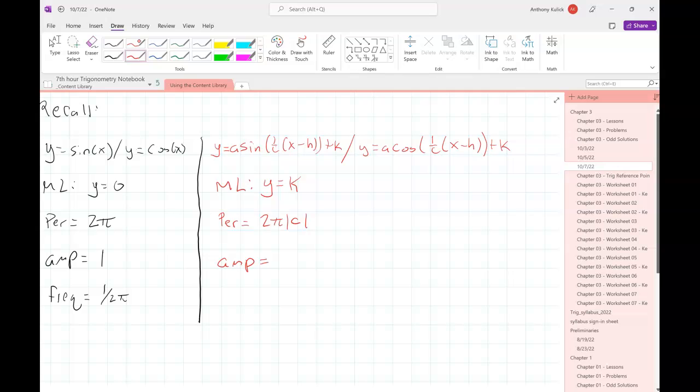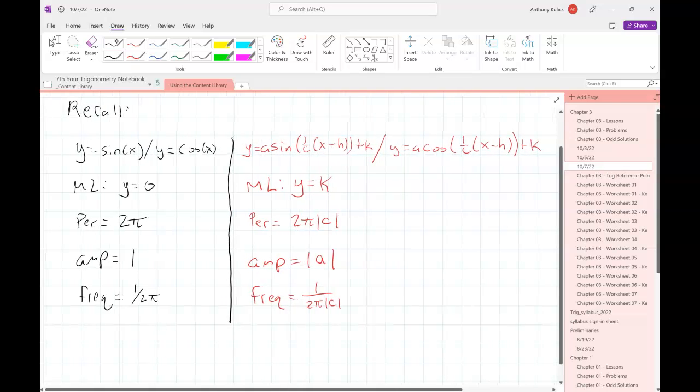The vertical stretch or shrink is controlled by A. Again, A can have positive or negative values, but the amplitude's a length or a distance. So we'll just take the absolute value there. And the frequency was just 1 over the period. So there we go. Everybody's cool with that?